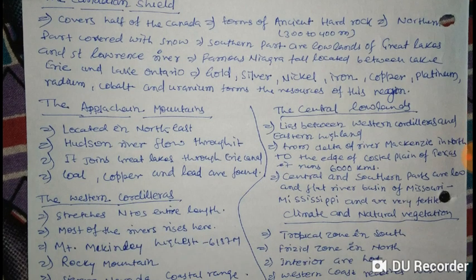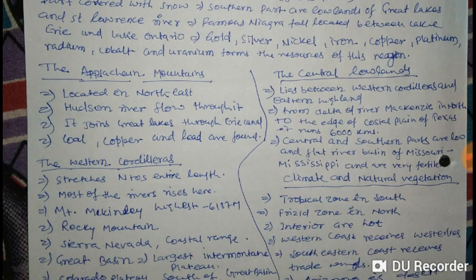Next, we are going to discuss the Appalachian Mountains. This mountain is located in the northeast of North America. Then the Hudson River flows through it. Hudson River flows through the Appalachian Mountains.